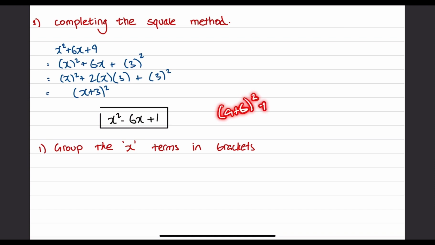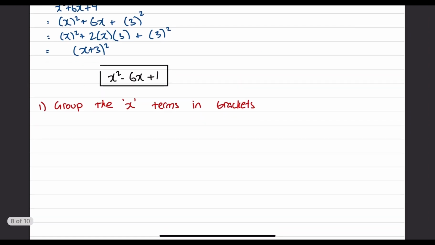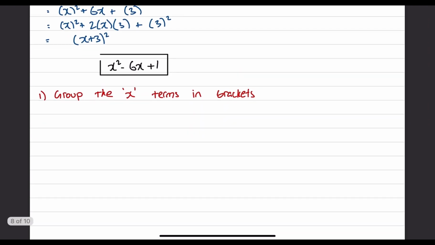There will always be a constant, and there can even be a multiple. So the first step would be to group the x terms together in square brackets. So let's write x squared minus 6x in square brackets, plus 1.